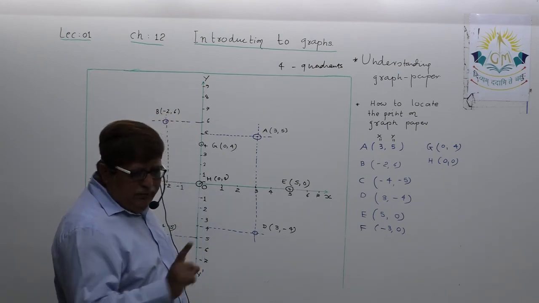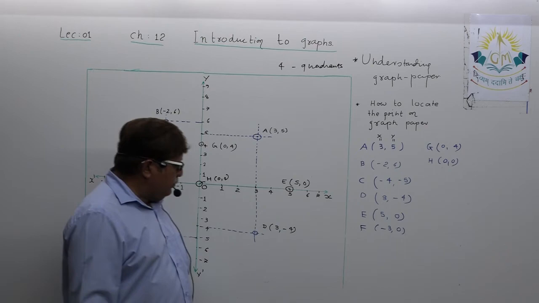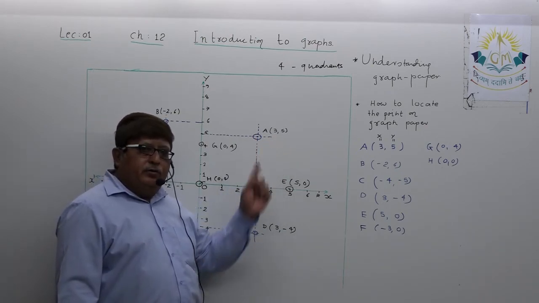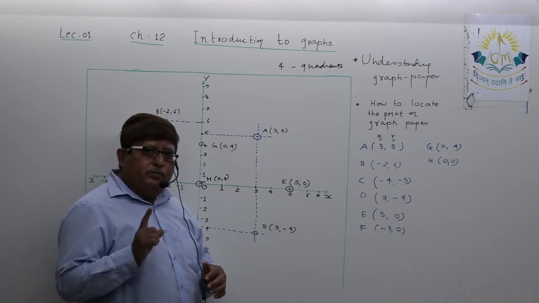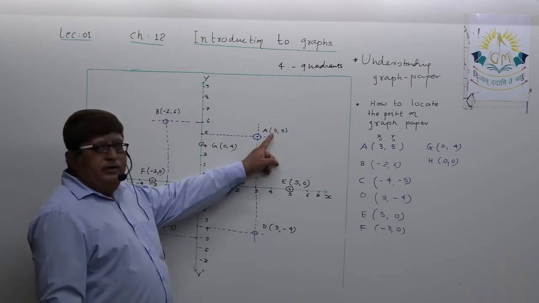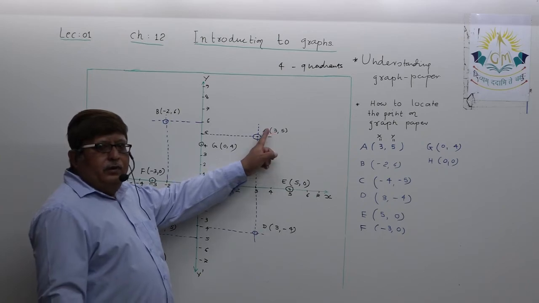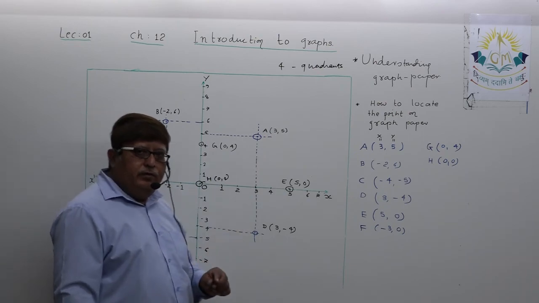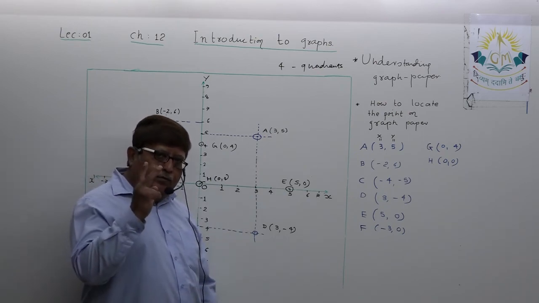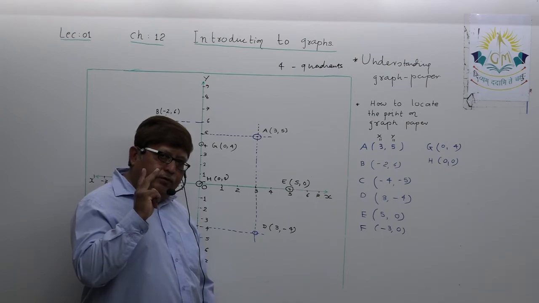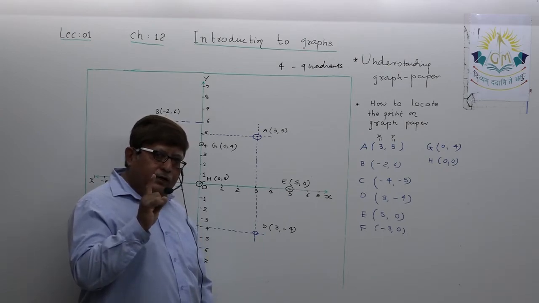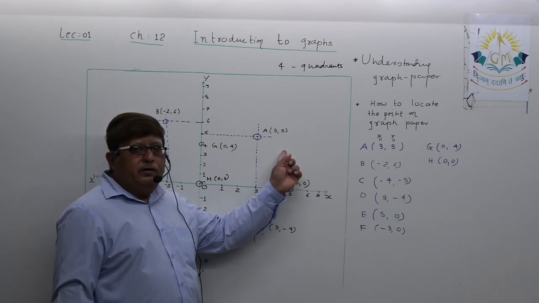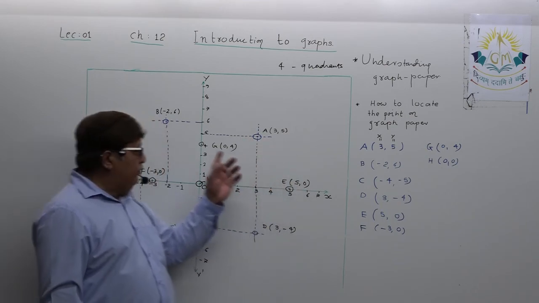Okay. Now one more thing, dear student. Why is point A located in the first quadrant? Because both the coordinates are positive. X coordinate is positive, y coordinate is positive. So when both the coordinates x and y are positive, the point will be located in the first quadrant.